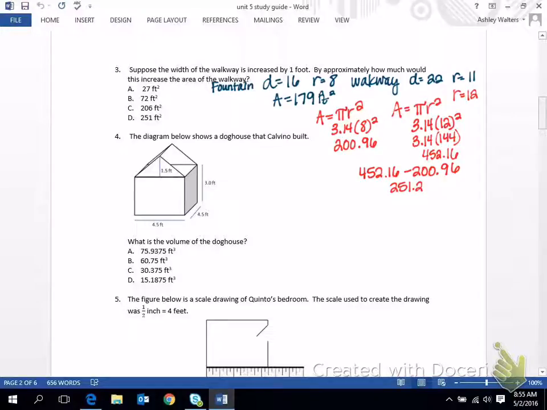But because we want to know how much did the area of the walkway increase, we have to subtract the original area, which was 179. And you get 72.2. So the walkway, by increasing it 1 foot, increased the overall area by 72 feet squared.